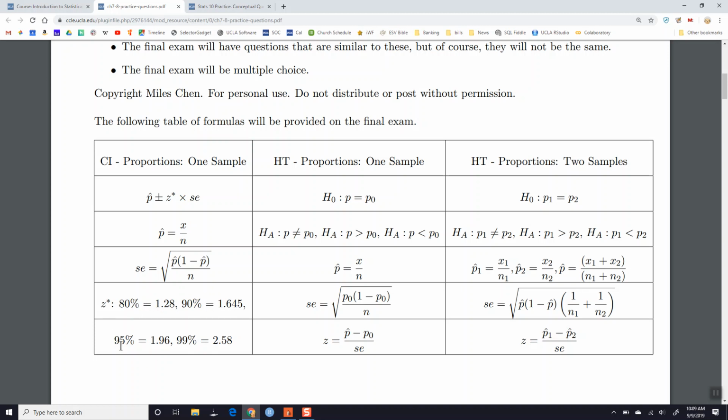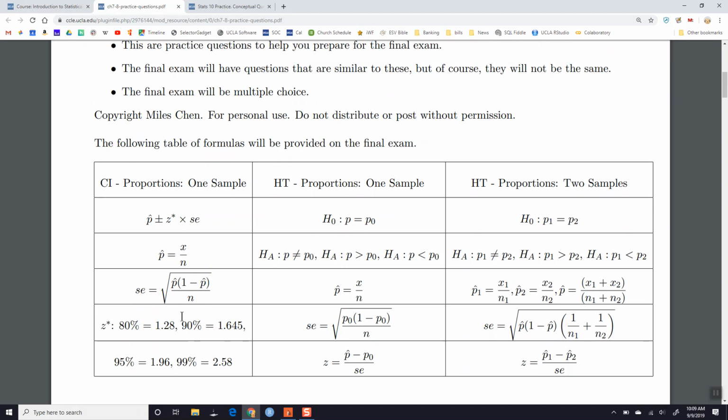Most frequently we've been using 95% with 1.96, but the other levels, you can have 90%, 99%, 80%, and those are all given here as well. Okay, and then I'll also provide the z table on the exam. So you just have to make sure you bring your calculator and something to write with. Okay, I'll provide the Scantron forms, and that should be it.